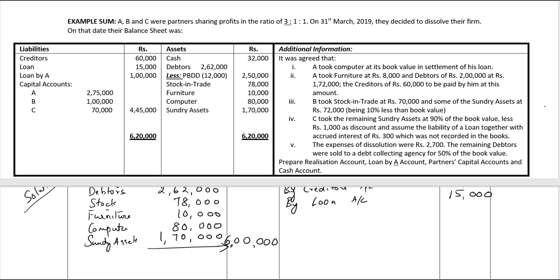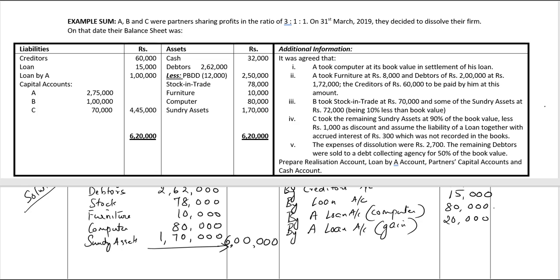So to the extent of the computer which is taken by A, loan account, to the extent of the computer account, 80,000, and we gave a computer valued at 80,000 against a loan of 1 lakh. So the firm has made a gain. So by A loan account for the gain, 20,000 rupees.